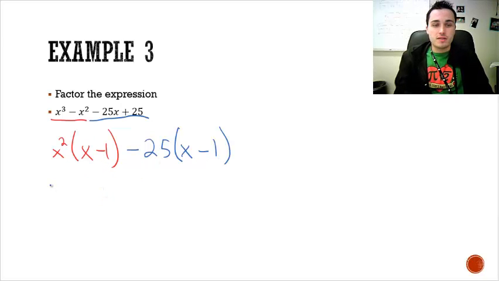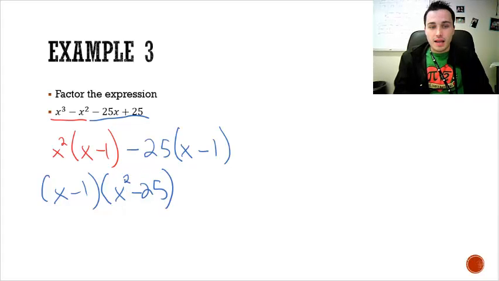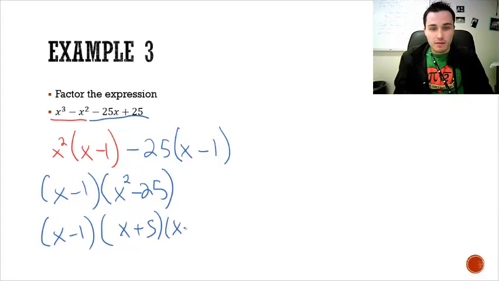So x minus 1 is the common binomial. I pull that out. X squared minus 25 goes there. X squared minus 25 is a difference of squares, and so then that final answer would look like this. X plus 5 times x minus 5. And there you go. That's factoring by grouping.